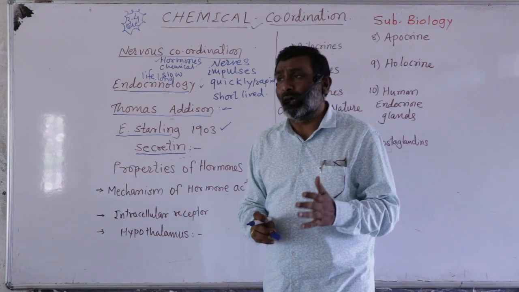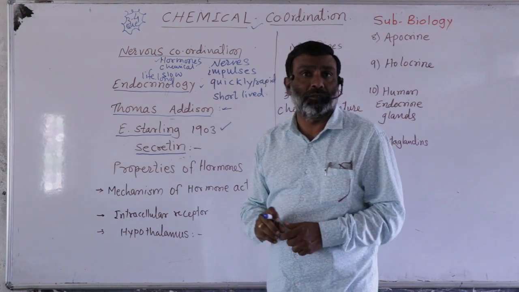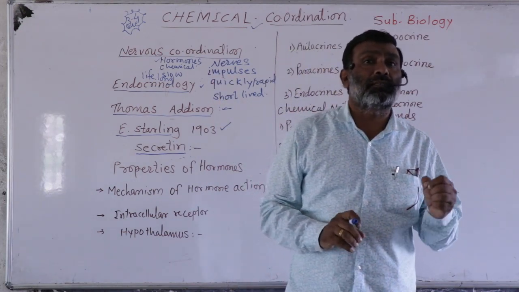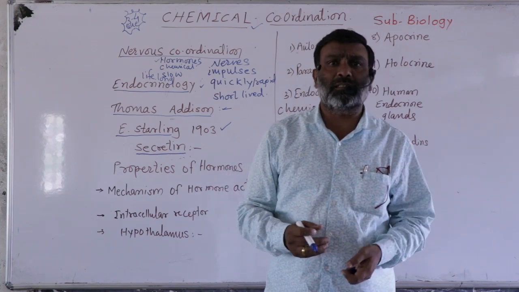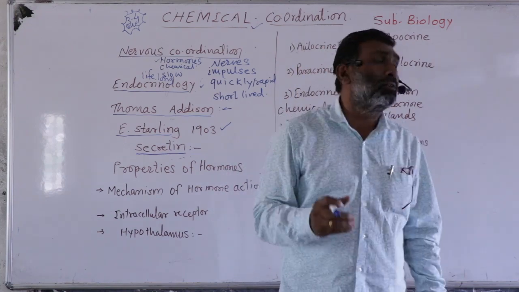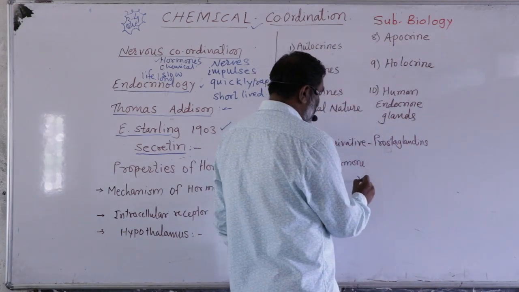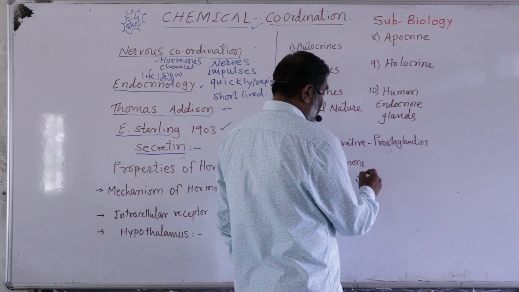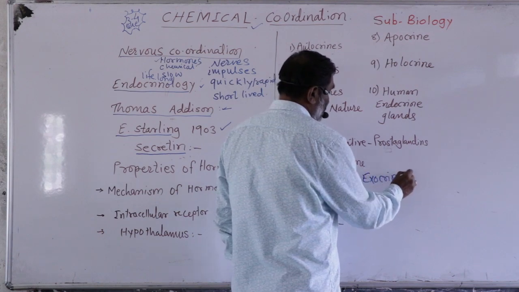So the hormones are chemical messengers, and these are secreted by the glands. As we have already studied in the 11th standard, the glands are of 3 types. The first one is the exocrine glands.